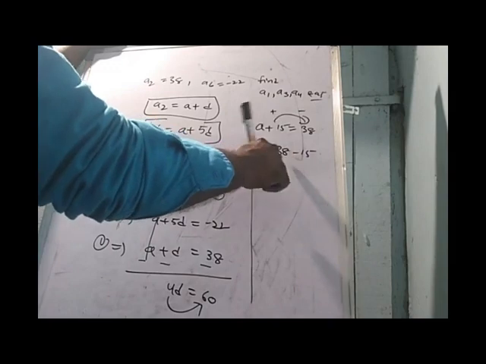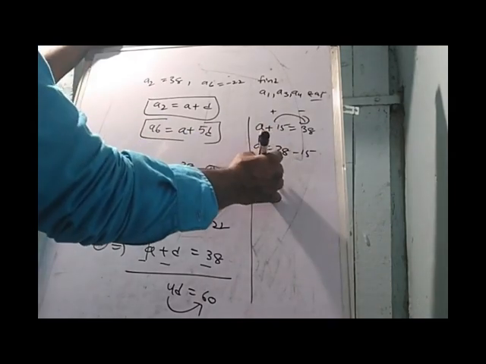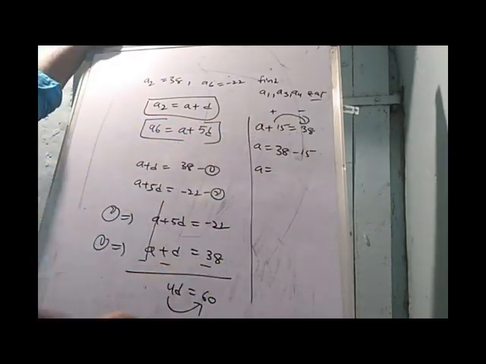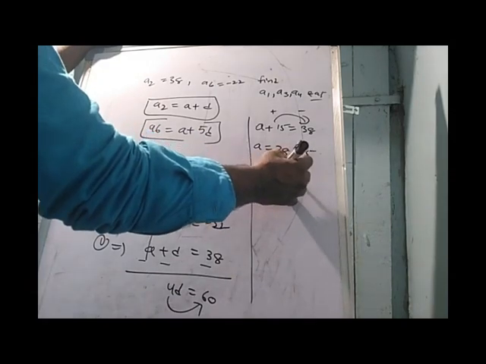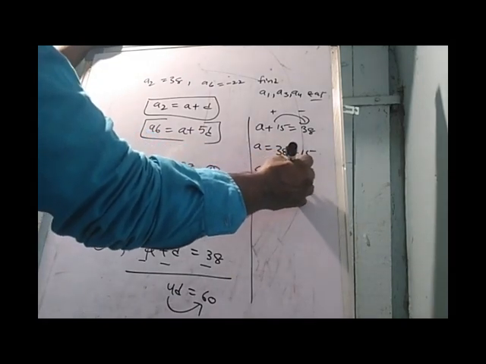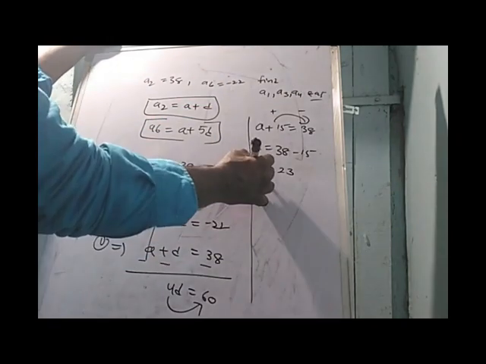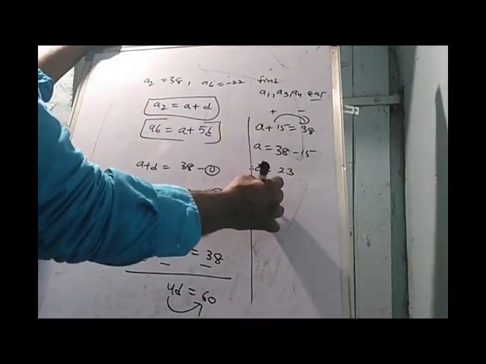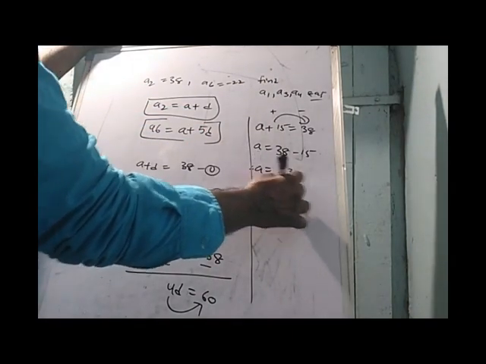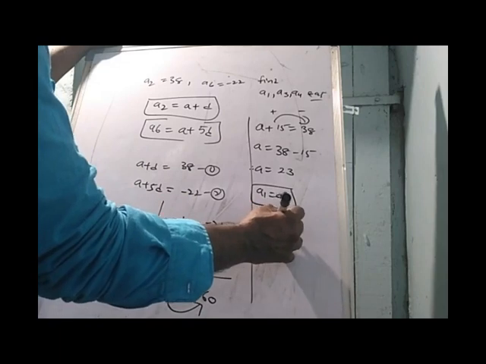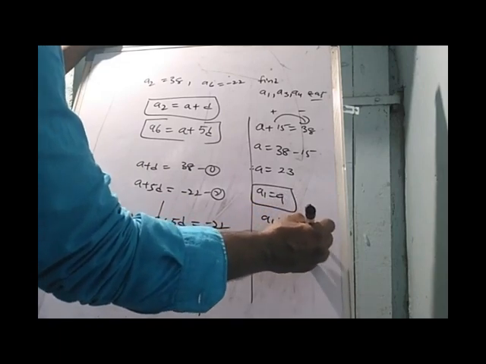So 38 minus 15, you get 23. So the first term, what they are asking, A1 is A. So we got A1 equals 23.